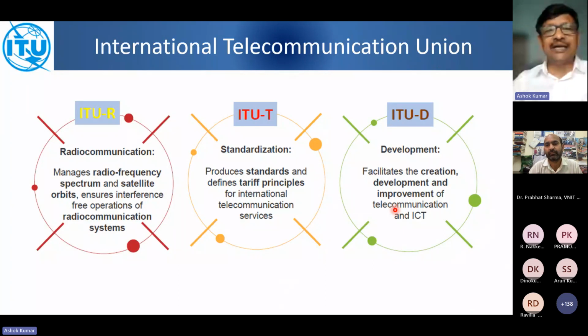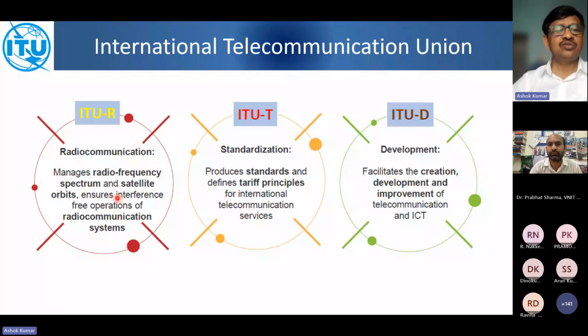As you know, ITU has 3 sectors. ITU-R, that is radio regulation, ITU-T, that is for standards, and ITU-D is for development. So it is basically ITU-R. The responsibility of ITU-R is also to create the vision and requirements of upcoming mobile technology.